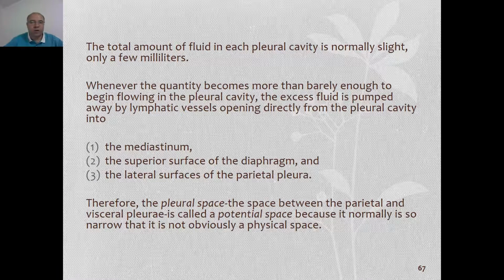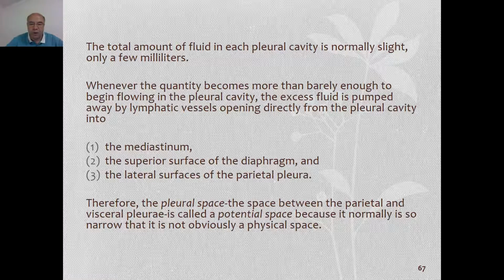The total amount of fluid in each pleural cavity is normally slight, only a few millimeters. Whenever the quantity becomes more than barely enough to begin flowing in the pleural cavity, the excess fluid is pumped away by lymphatic vessels opening directly from the pleural cavity into the mediastinum, the superior surface of the diaphragm, and lateral surfaces of the parietal pleura.